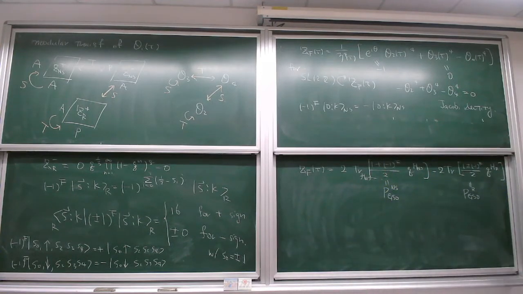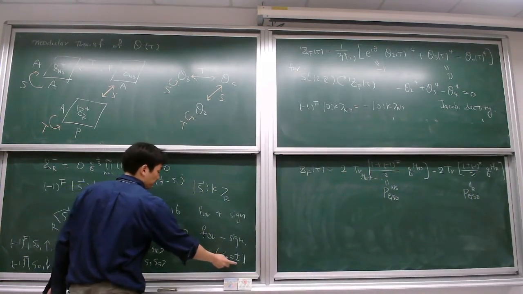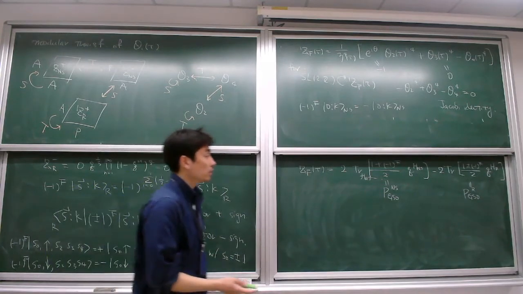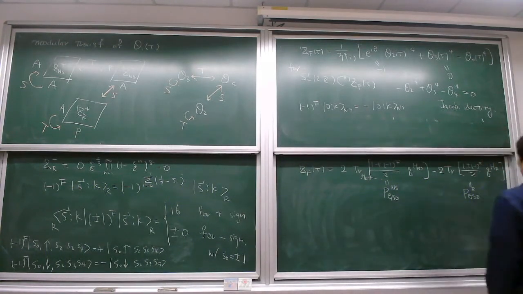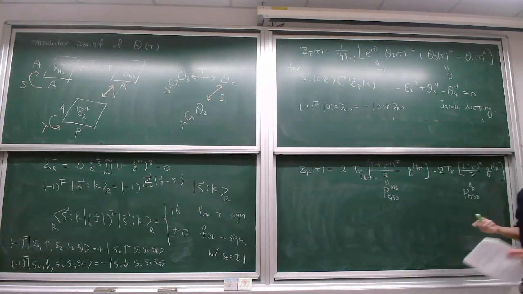So here, you can put either plus or minus, depending on the sign of S naught. But due to the presence of the fermion zero mode, it doesn't contribute. So the partition function itself can be written in terms of the GSO projection.